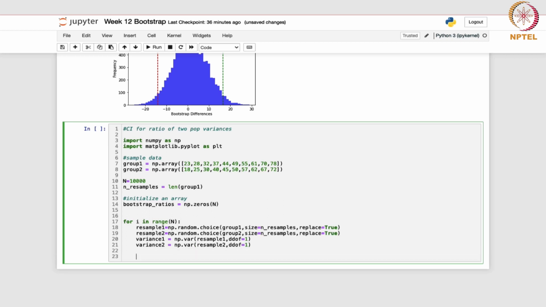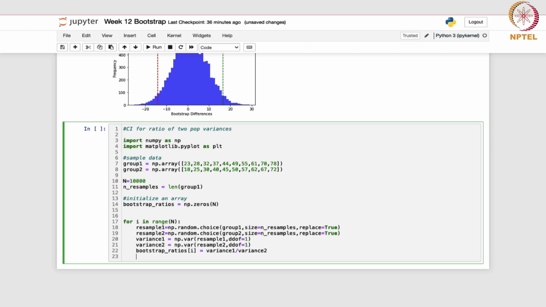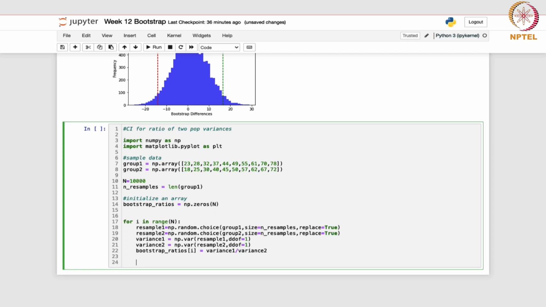Now we can calculate the ratio and store it. So maybe we can write here bootstrap ratios, variance 1 divided by variance 2.